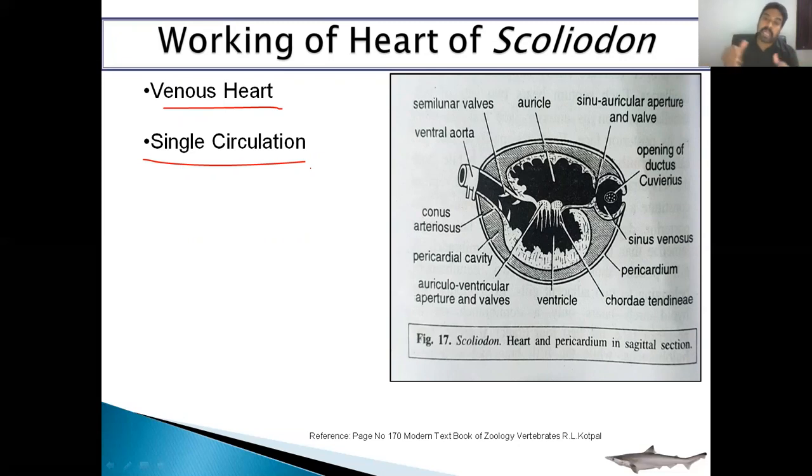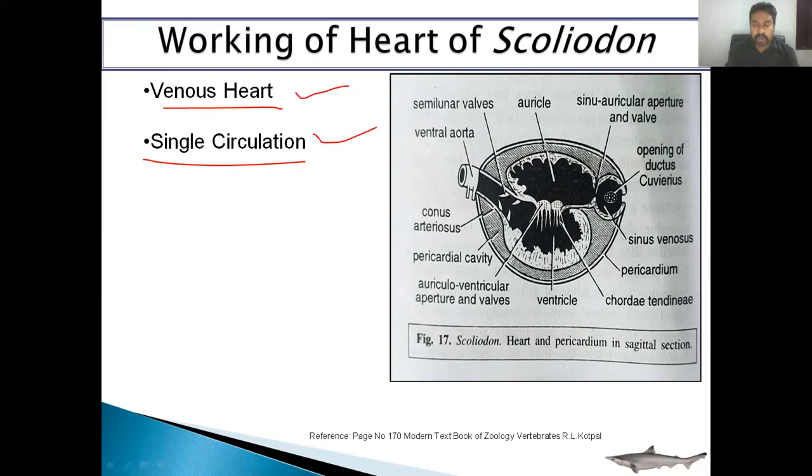From the lungs, it comes to the left side, and then to the body. So blood comes twice in the case of humans. Our heart is more developed because we are higher vertebrates. Scoliodon has a single circulation, meaning the blood comes to the heart only once, and that blood is the deoxygenated or venous blood. That's why the heart is the venous heart, and it shows single circulation.